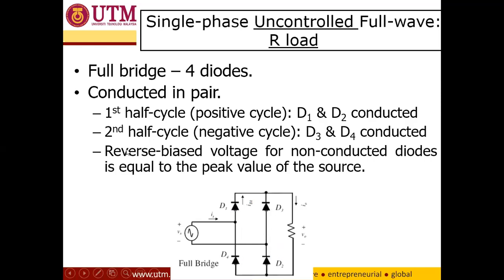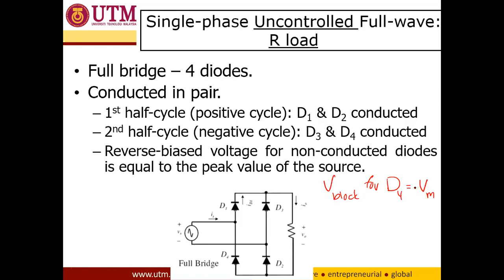The reverse bias voltage, meaning the blocking voltage for non-conducting diodes, is equal to the peak value of the source. For example, for the positive cycle, D1 is on while D4 is off. Based on KVL here, we will see that the V blocking, or the reverse bias voltage, for D4 is equal to the peak of the V source.